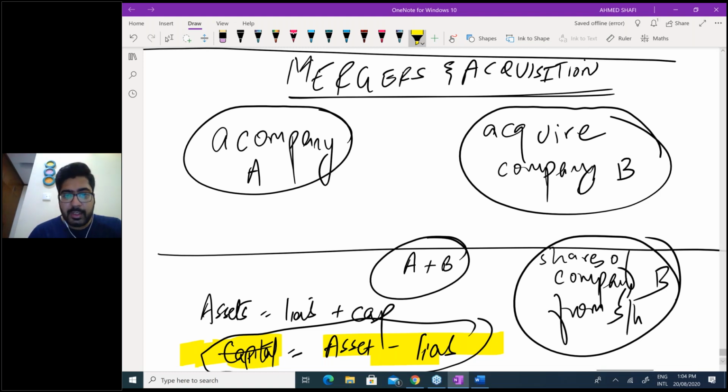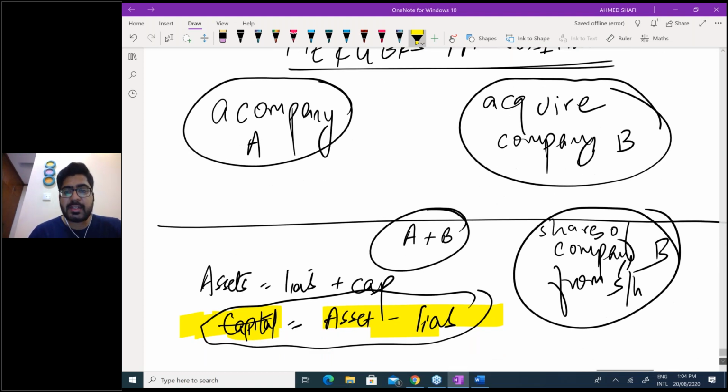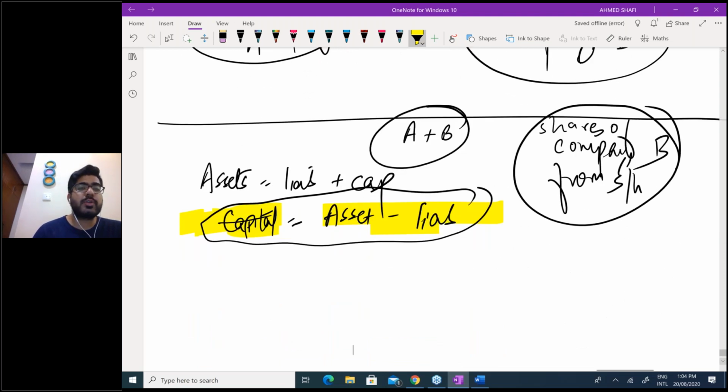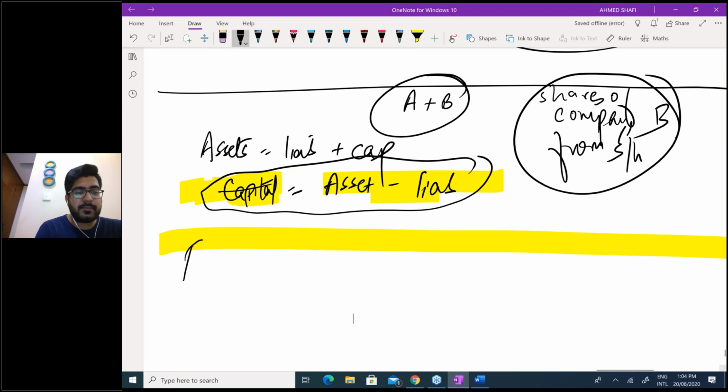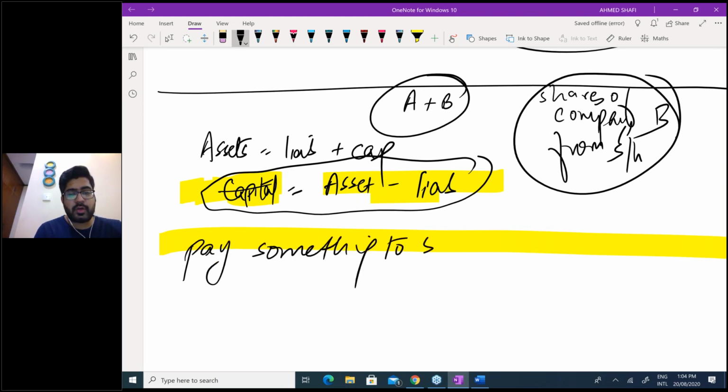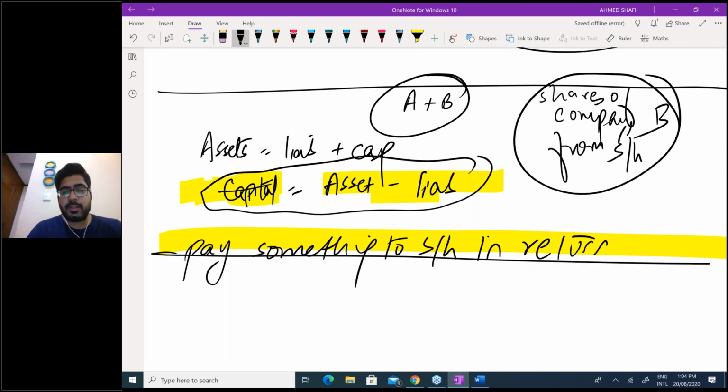Now, if company A acquires company B, that means it acquires shares of company B from shareholders. It has to pay something to shareholders in return. Obviously, if company A wishes to acquire company B and wants to take shares from company B's shareholders, it has to pay something in return.